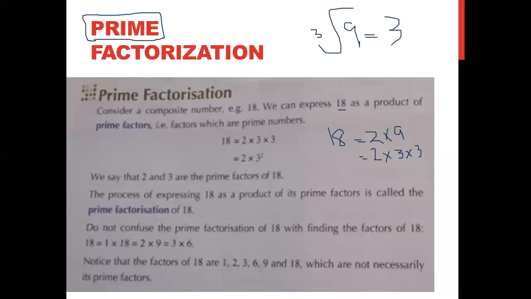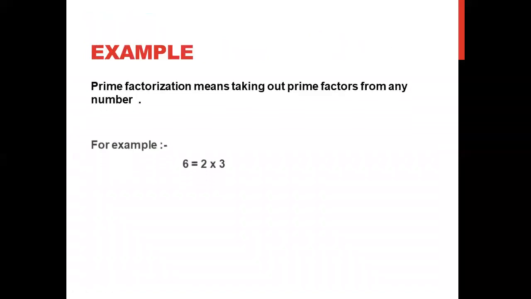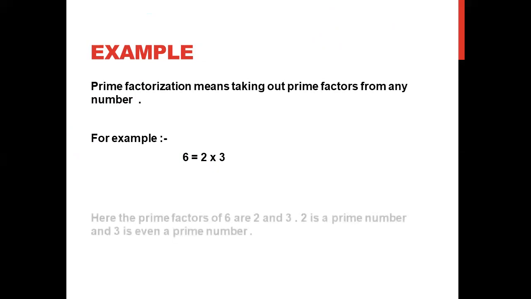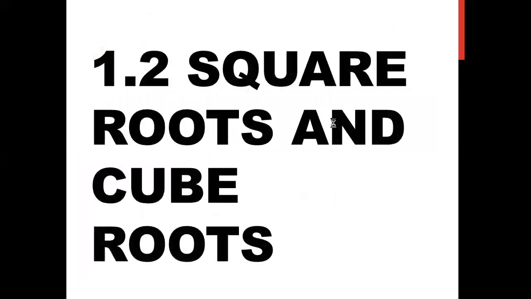Only those numbers are considered factors of a product when we are doing prime factorization. For example, we have 6, which is 2 multiplied by 3. So here 6 is the product of the prime factors 2 and 3. 2 is a prime number and 3 is also a prime number.